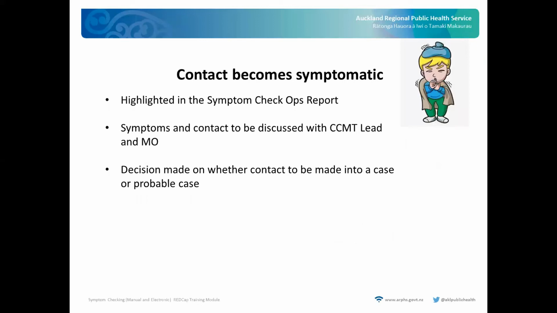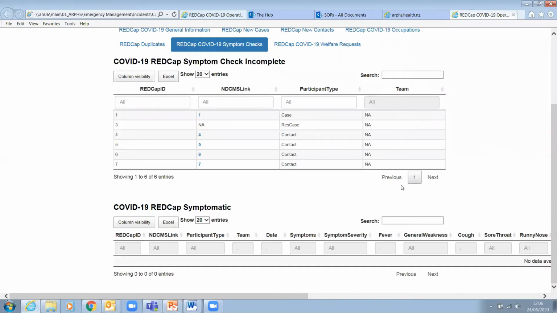Now, what happens if a contact becomes symptomatic and reports this to one of the case and contact management team members or through the electronic symptom checking process? They will be highlighted in our symptom checking ops report, which will be in this table here.